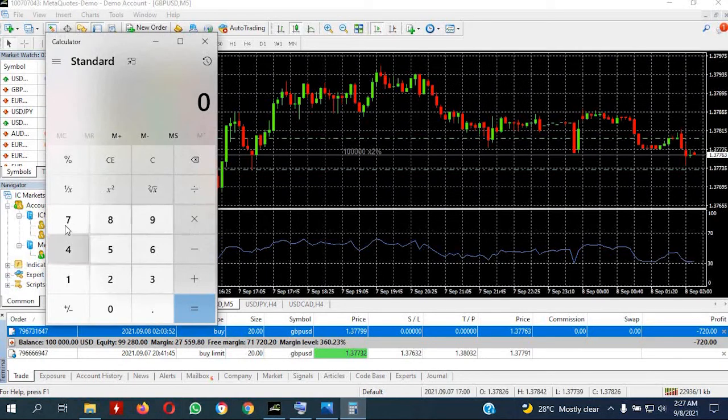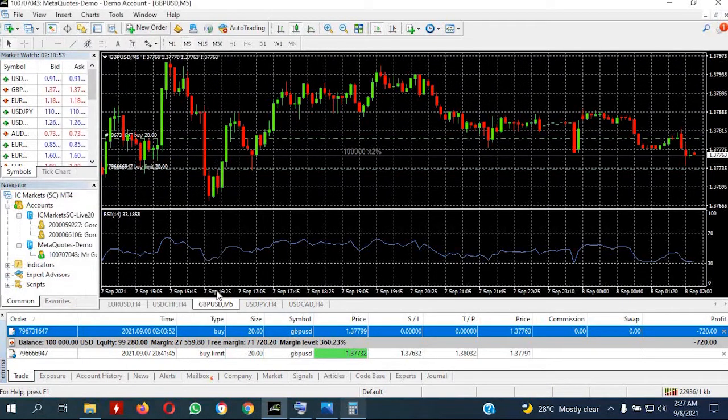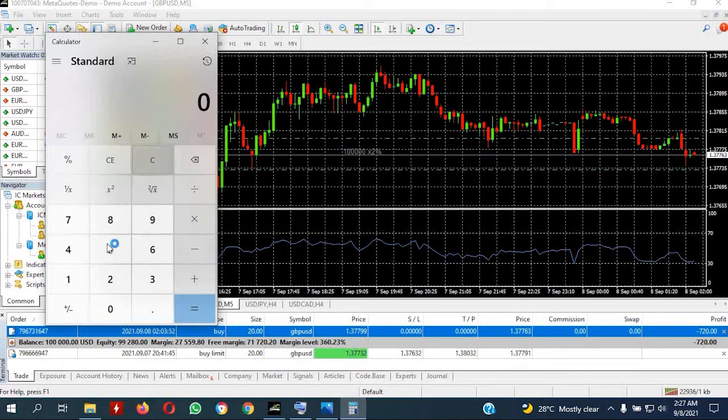So that would be 799 minus 100, 699. So anything below this price is the stop loss because it's a buy trade.